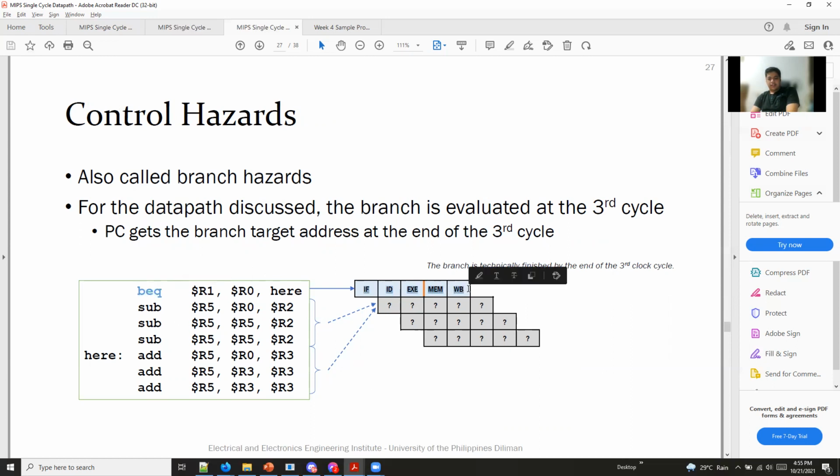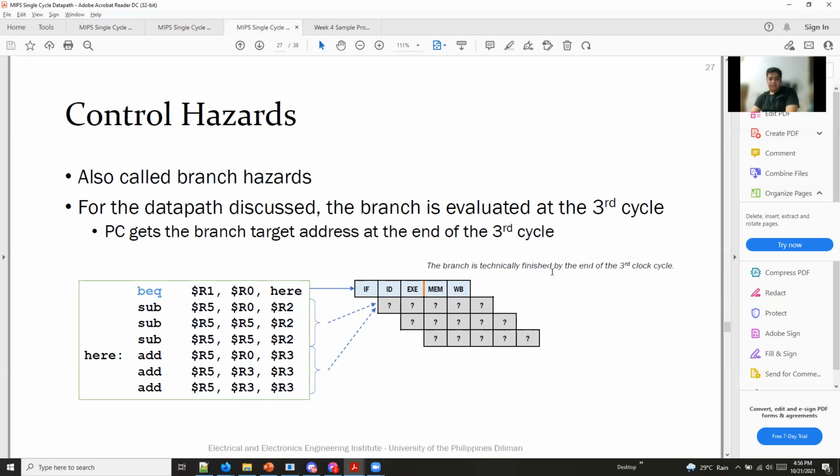Parang 5 cycles pa talaga siya before matapos. Pero pag natapos siya, yung nakastore sa pipeline natin, what if kailangan natin mag-skip dito? So, sino yung ilalagay natin sa pipeline? Yung pupuntahan ng branch or kung ano na lang yung kasunod niya? So, parang either way, lugi ka. Kasi what if yung other one siya?